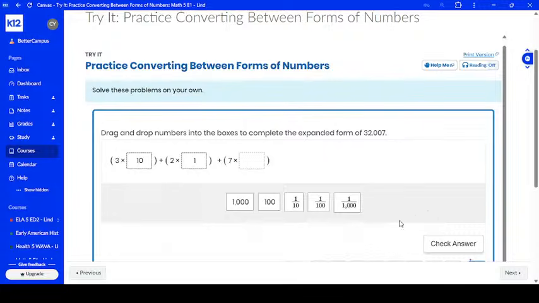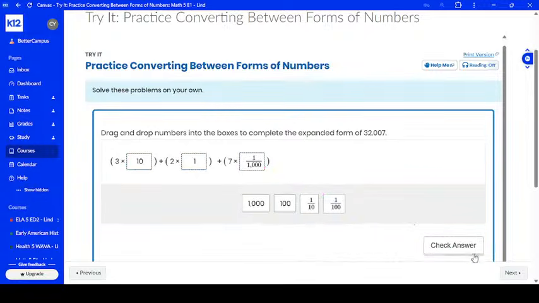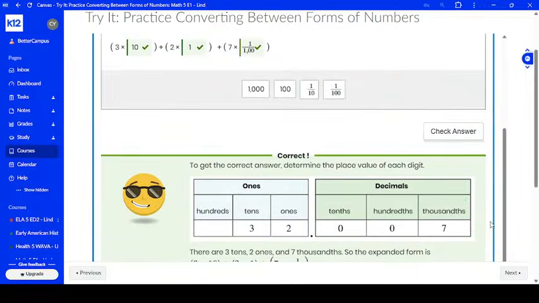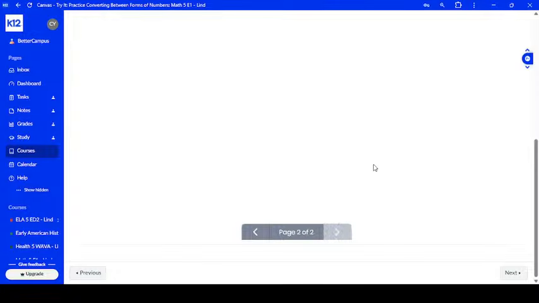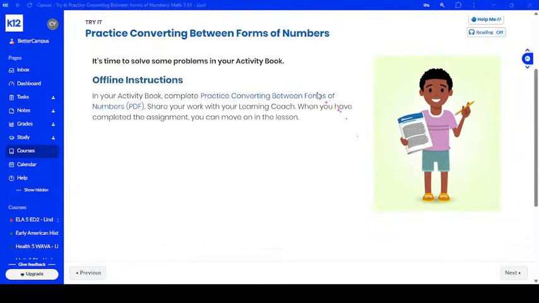And the 7 is obviously in the 1,000 place. 1,000, 2,000, 3,000, 4,000, 5,000, 6,000, 8,000, 9,000. Okay. Just a second.